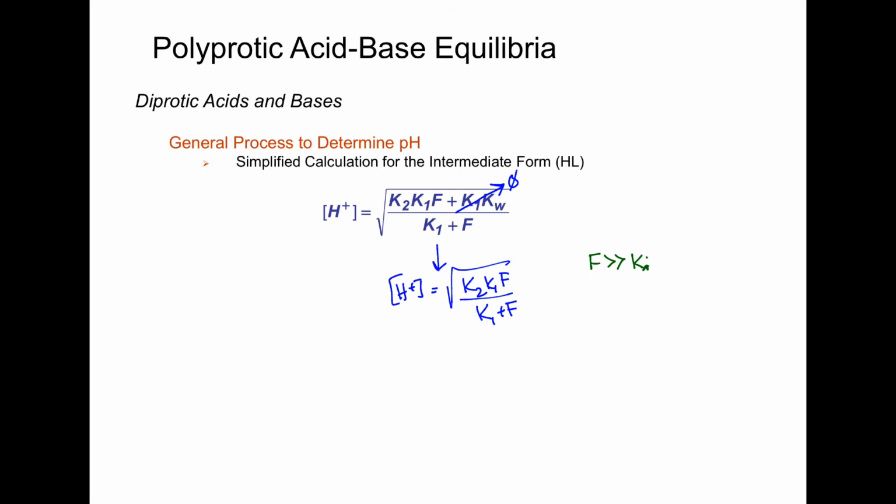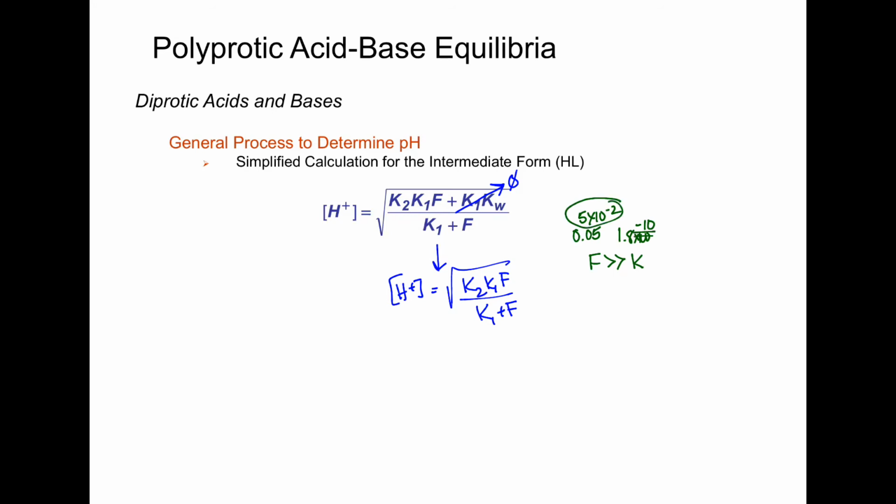That was true for us because K1 was like 10 to the negative 10 or sometimes 10 to the negative 12, and the initial concentration was 0.05, so that's 5 times 10 to the negative 2. The K in the denominator, for us, was 1.8 times 10 to the negative 10. So yes, the initial concentration is much bigger than this.